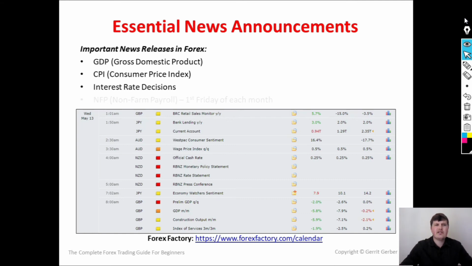Now, the last news event that we will be discussing is the NFP, or the non-farm payroll, which takes place on the first Friday of each month. And the NFP report is a key economic indicator for the United States.